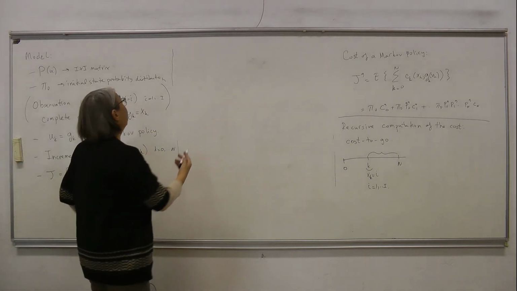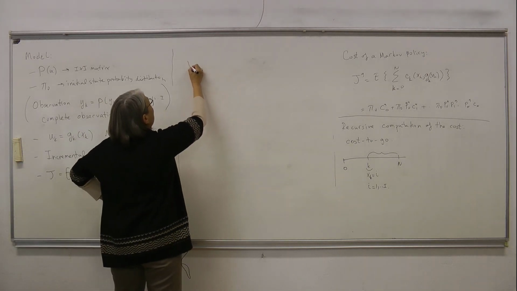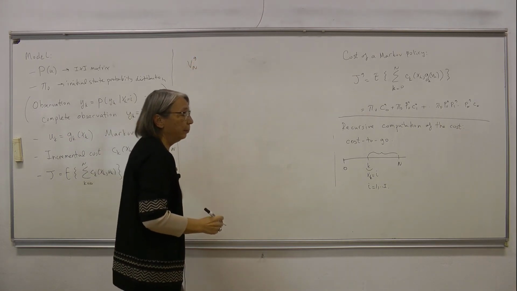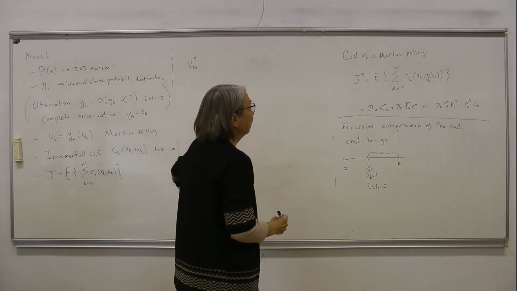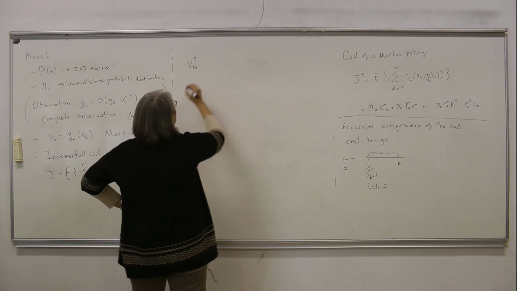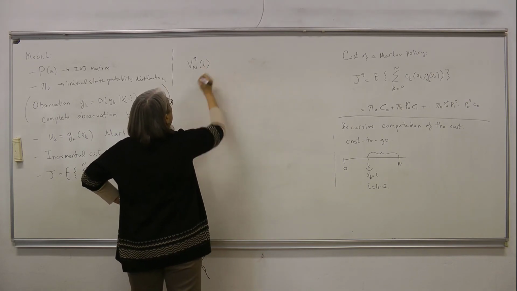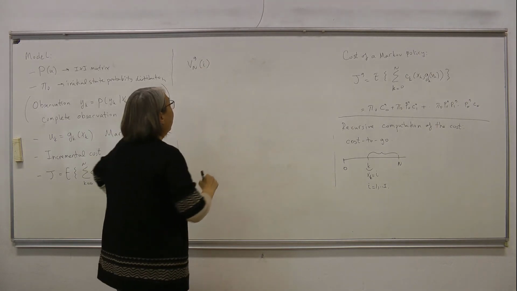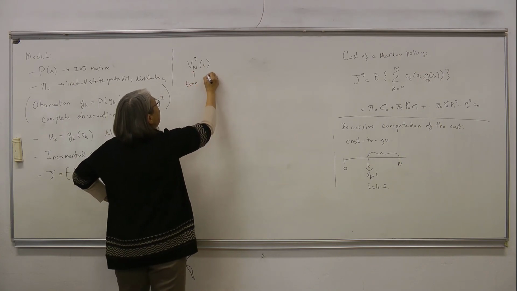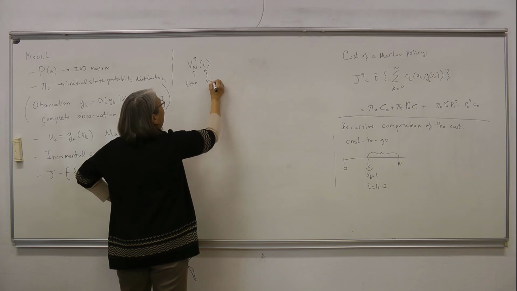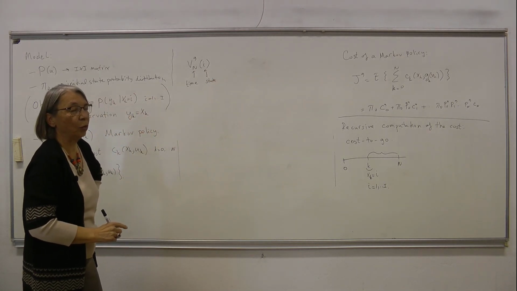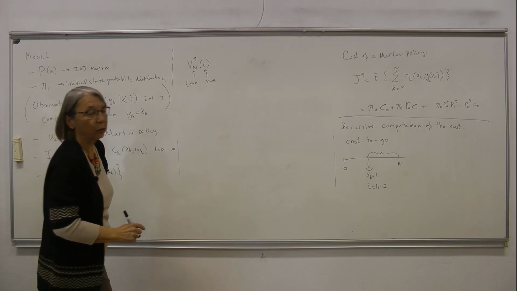So let us start with the final time. So we will compute V sub n g. I call it V because of some reason. Later we will call the optimal cost by the name J. And V sub n g of I. That means that at time n, the final time, the state is equal to I. And we will compute this cost for a given policy, which is equal to g.